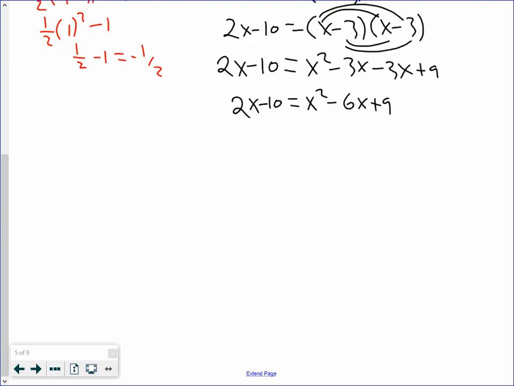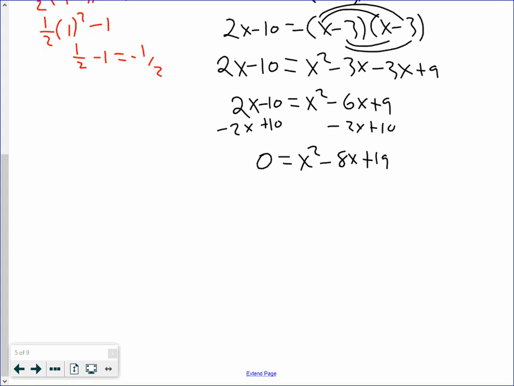So if 2x minus 10 equals x squared minus 6x plus 9, I'm going to add 10 to both sides and minus 2x to both sides. So the left side becomes 0, and that's going to equal x squared minus 8x plus 19.